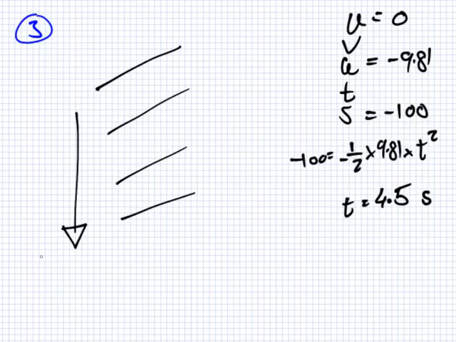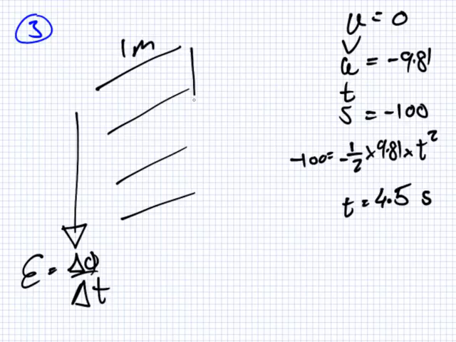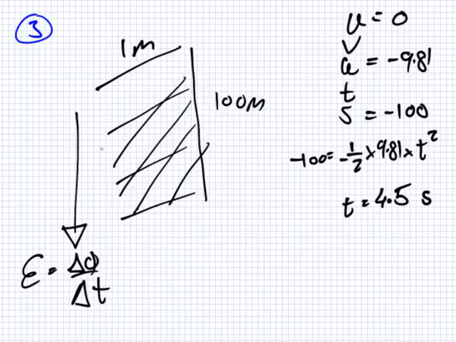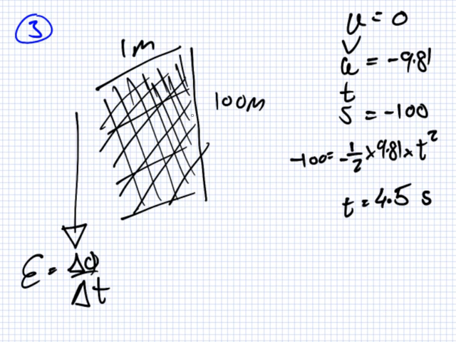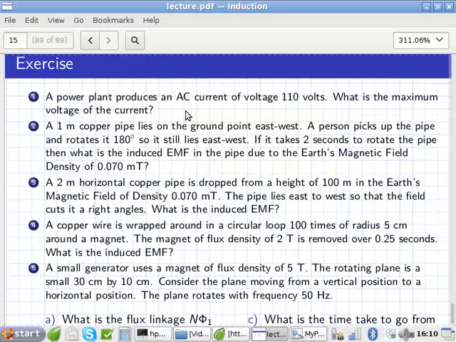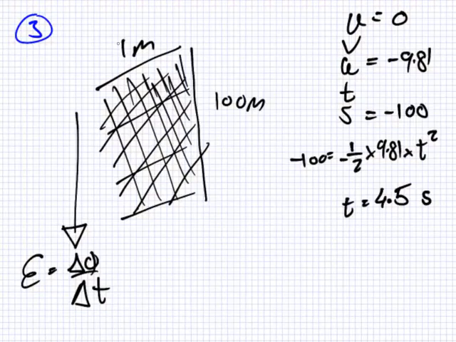Right, so what is changing here? The magnetic field or the area? The area is being swept out. So if it's 1 meter wide and it falls 100 meters, how much area does it sweep out? 200. No, 100. The length is 2. Yeah, so it is 200.